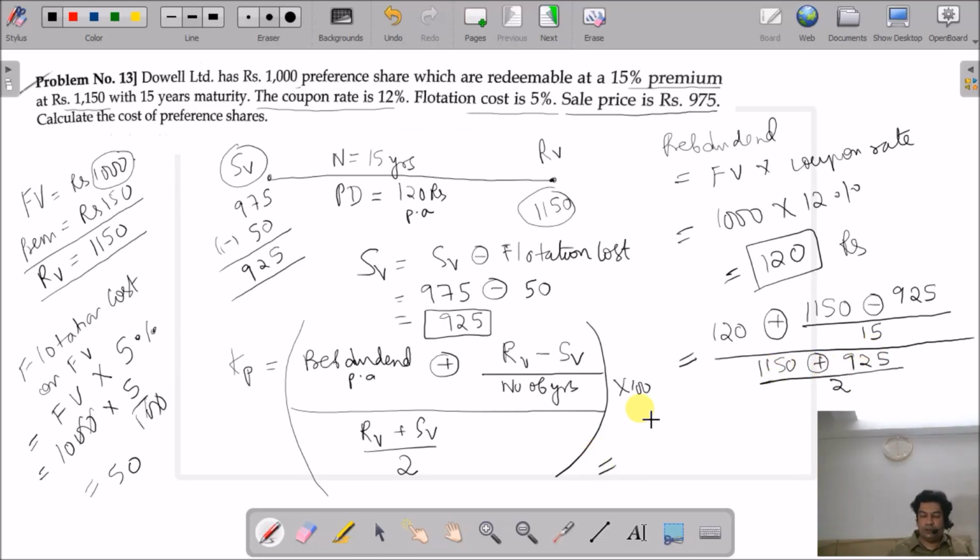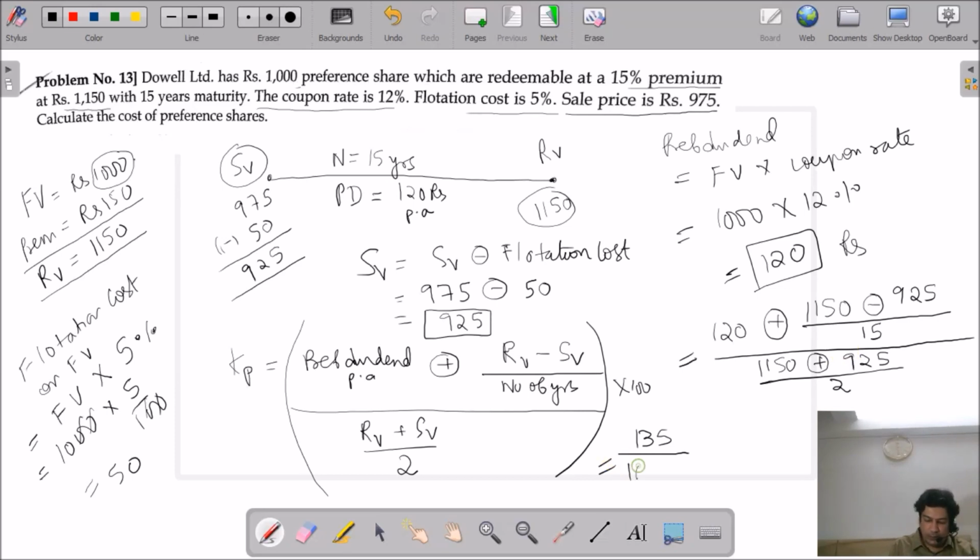So I am solving it. So 120 I am going to get here plus 1150 minus 925 divide by 15. Plus 120, if I do, I will get 135. Since the space is less, I am solving it right away. So 135 upon, now this portion I am solving, 1150 plus 925 divide by 2.